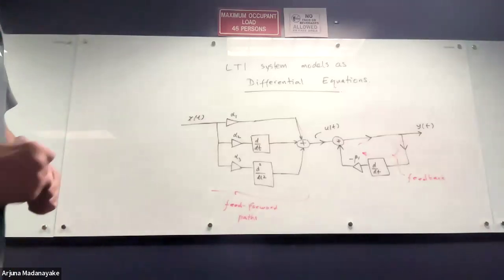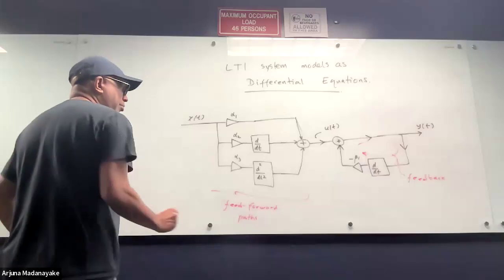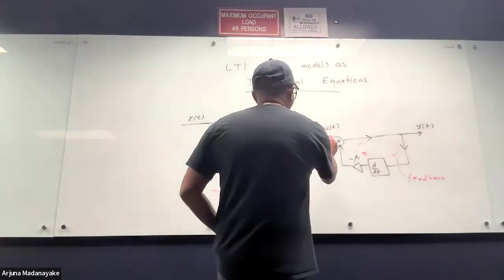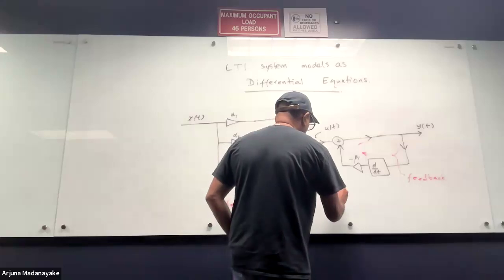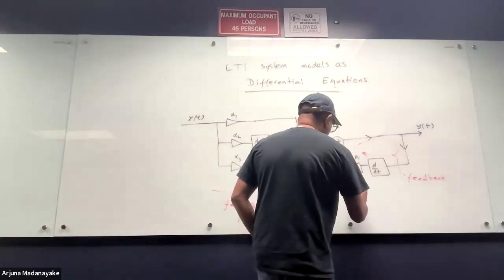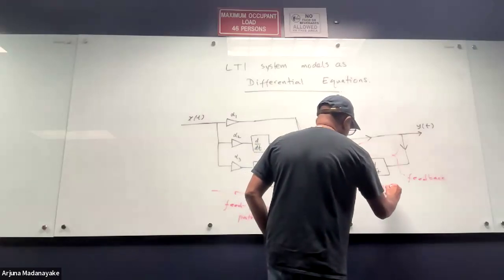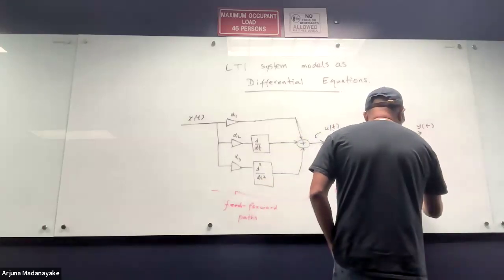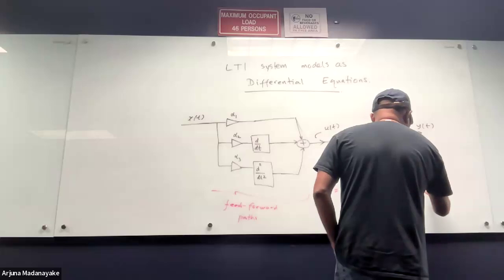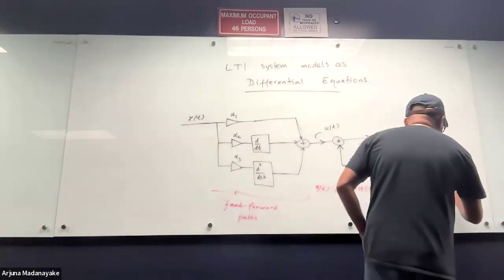So I can write down the relationship between y and x, right? So what's the relationship? Let me write it over here. I have y of t is equal to alpha 1 x of t plus alpha 2 dx of t over dt plus alpha 3 d2x of t over dt squared minus this part, which is what?